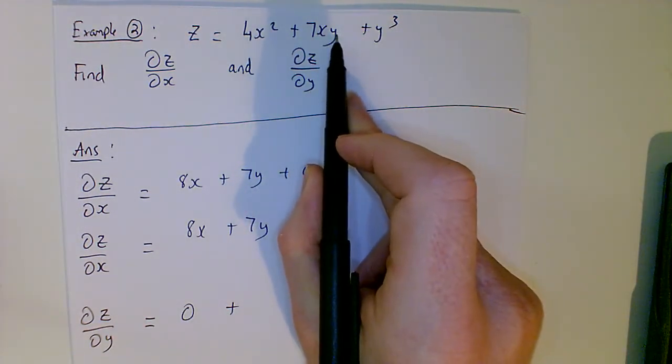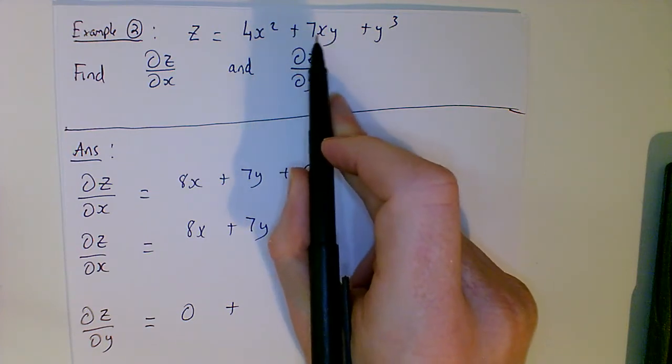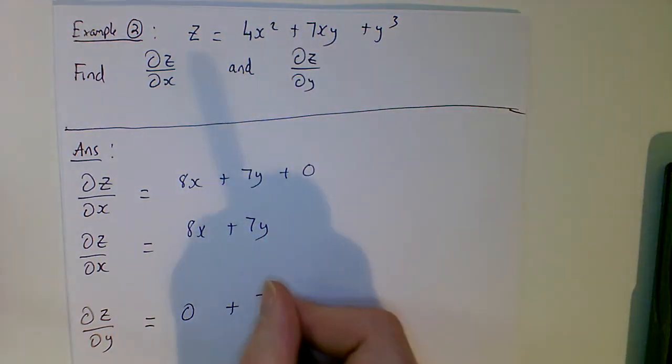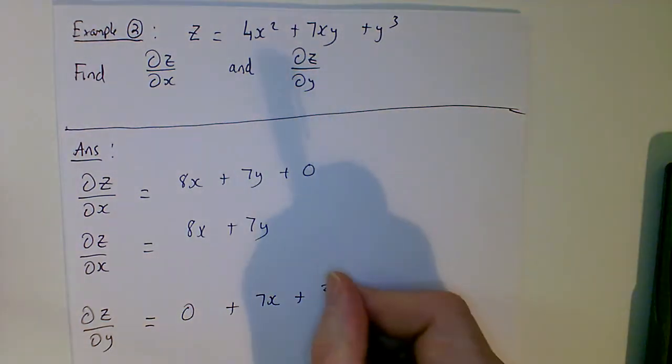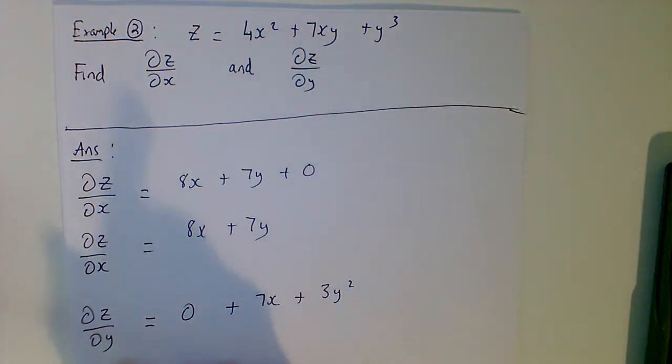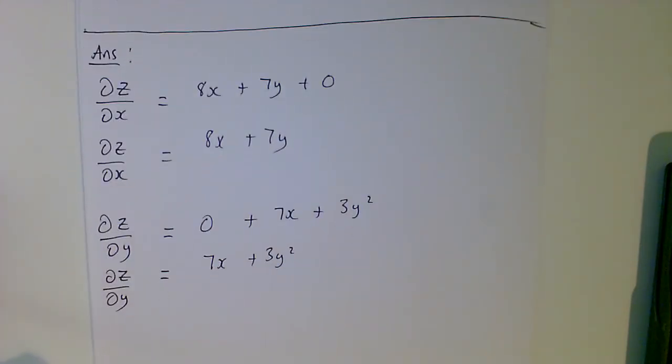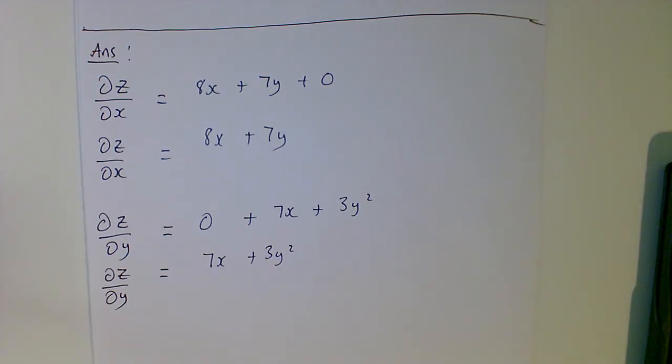Differentiate the y, I get 1, but remember, that's just a constant, so that becomes 7x. If I differentiate y cubed, it gives me 3y squared. So that's just 7x plus 3y squared.